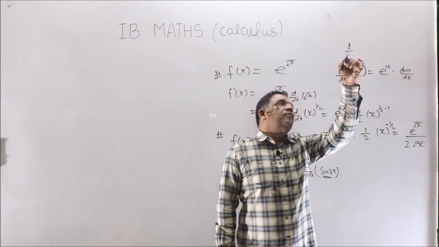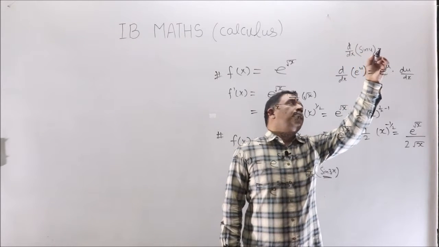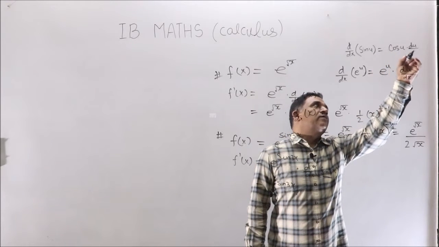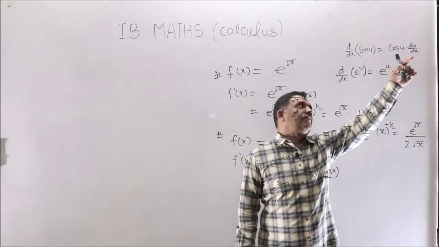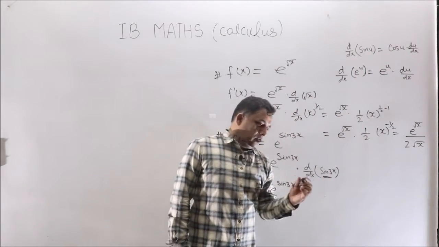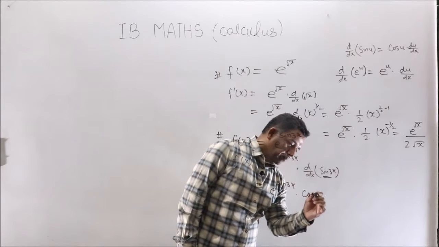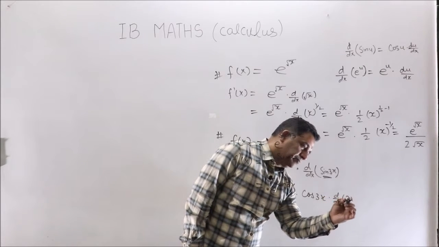The formula we are using for the same: if we have dy by dx of sine u, this gives you cos u times du by dx. So whatever is there in the parenthesis, we have to take the derivative of it separately. So the derivative of sine 3x would be cos of 3x times the derivative of 3x.